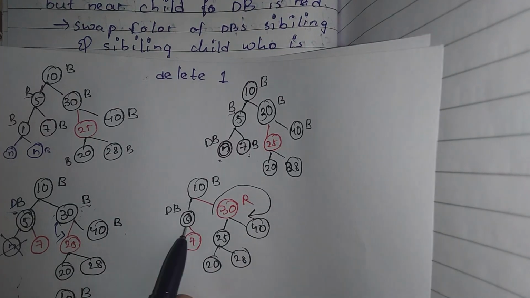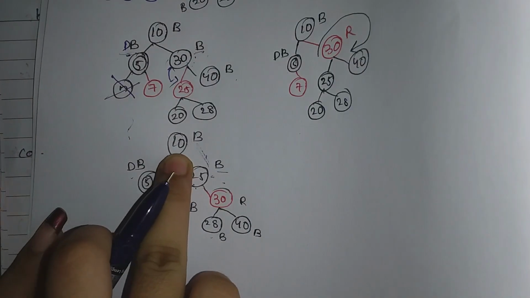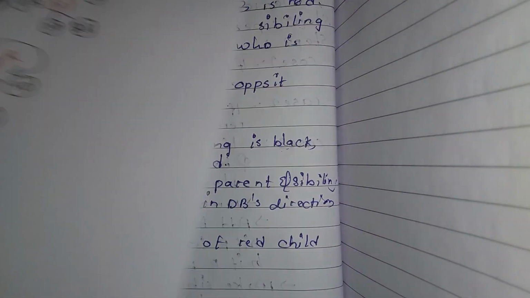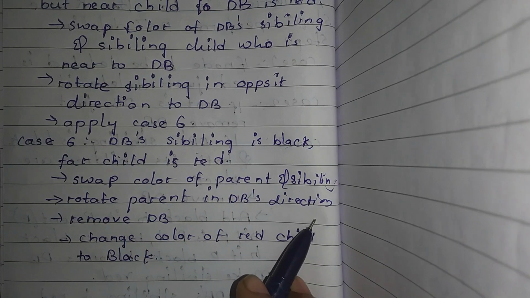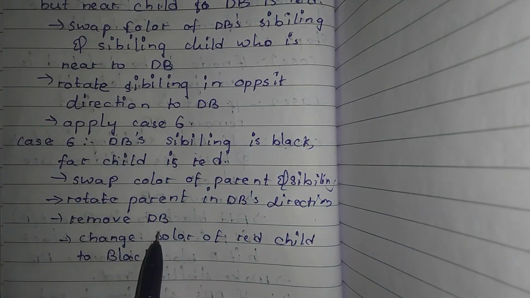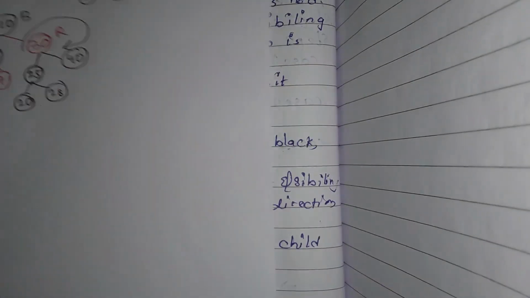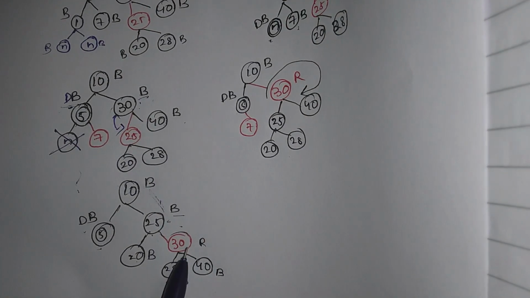But here the root color is swapped, so we need to rotate in the DB's direction and remove DB. After the swapping and rotation, we remove DB and the DB's color is given to the red. Change the color of the red child to black.